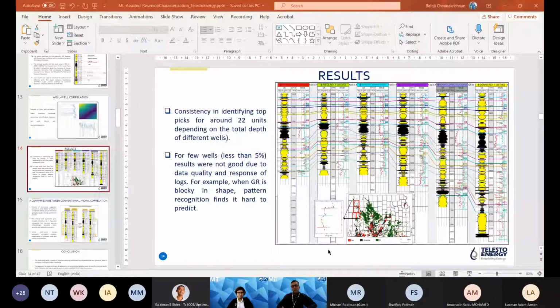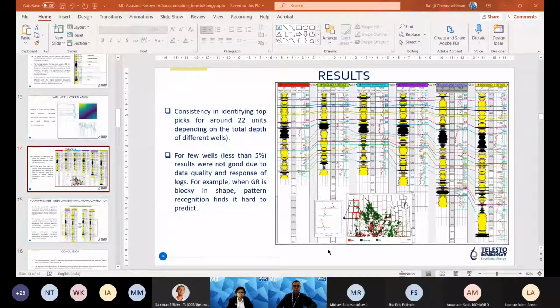And you cannot use machine learning to reinvent the wheel. So what machine learning can do in this situation is, you need to see each and every process and where your machine learning can be applied. Like in our case, whether you do the rock typing or the well correlation, these are all inputs to building a static model.